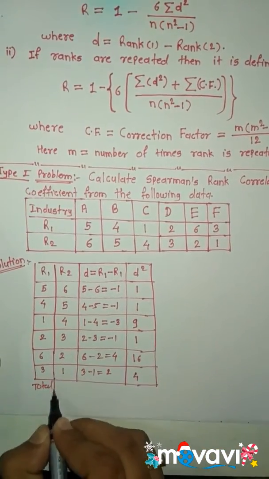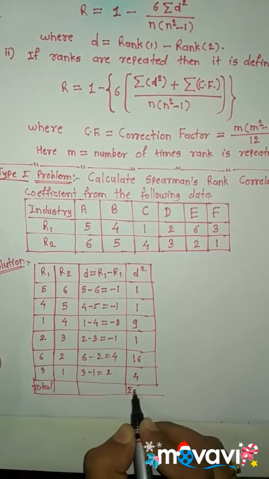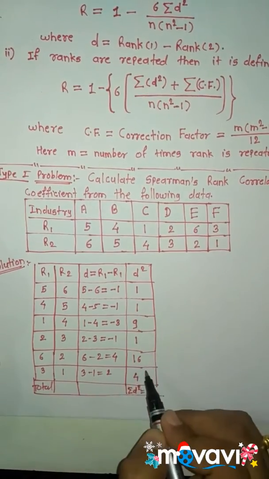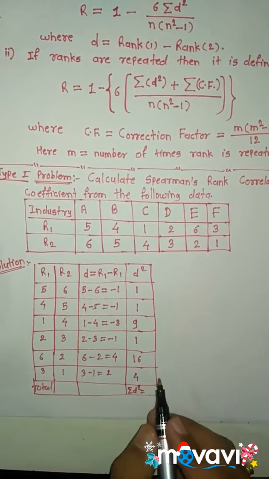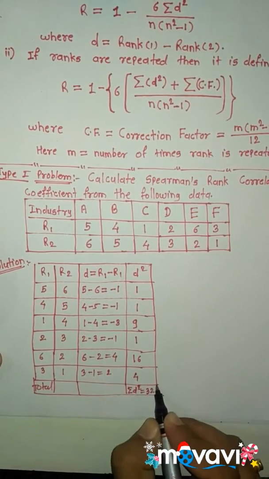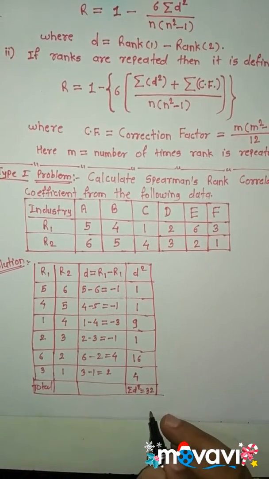Total means summation d square. Summation d square is 1 plus 1 plus 9 plus 1 plus 16 plus 4. If we add this, we get 32. So summation d square is 32.